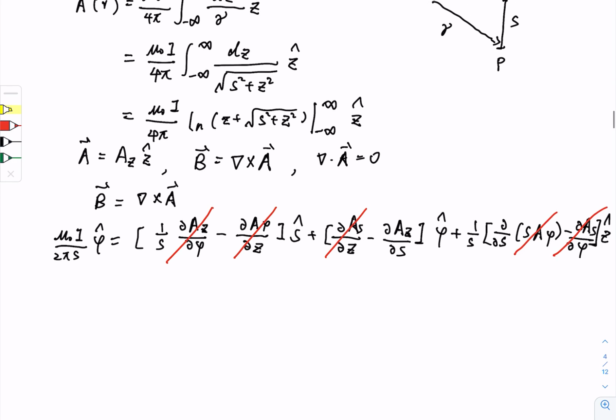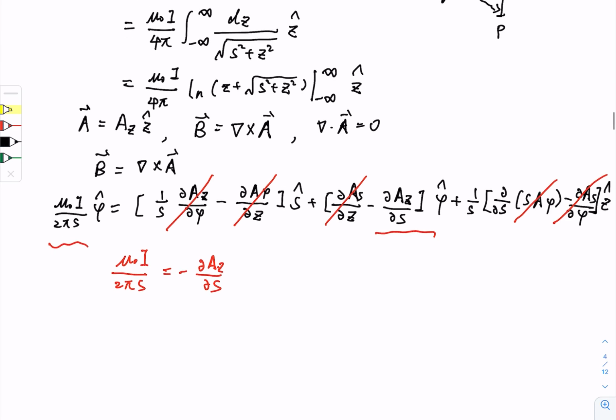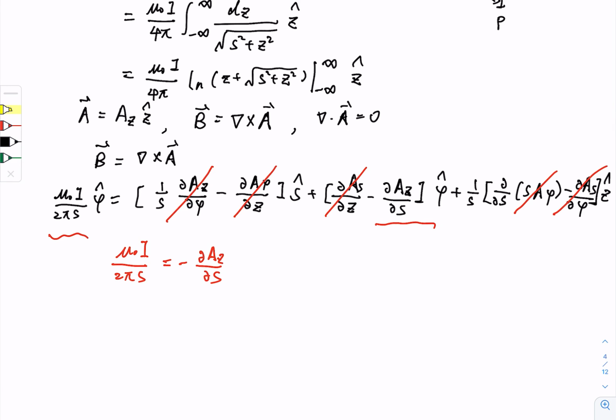So now if we compare the left and the right, we can simply see that A z must be given by this, and there can be a constant.